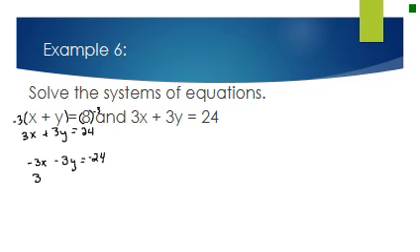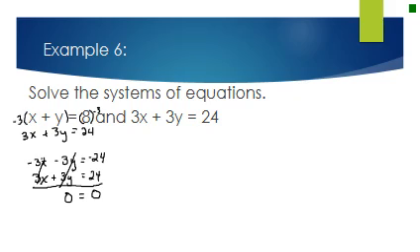And then the other equation was 3x plus 3y equals 24. Those cancel out. Oh, also notice that these cancel out. Negative 3y plus 3y, those cancel out. So now I've got 0 over here. Negative 24 plus 24, that gives me 0 over here.